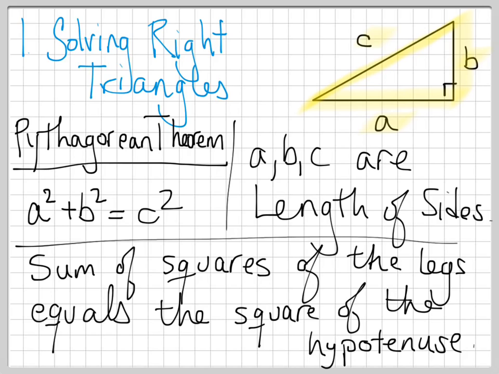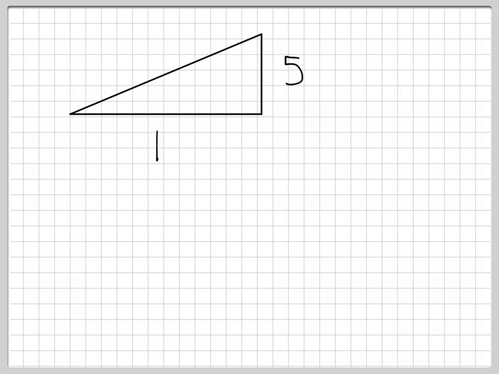Okay, so let's actually look at an example triangle. So here's an example triangle. And I'm going to tell you that one of the sides has length 5 and another side has length 12, and I'm not going to tell you the length of the hypotenuse.